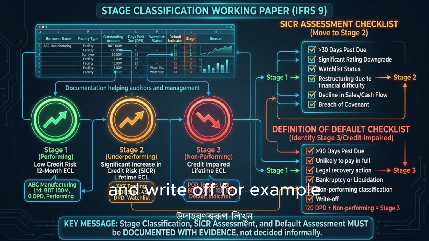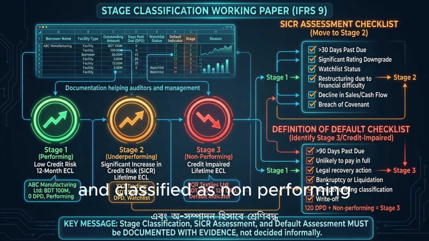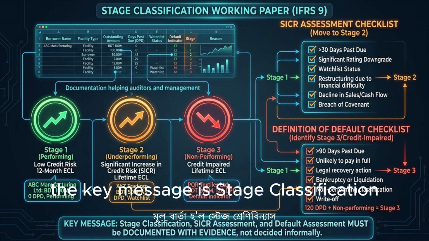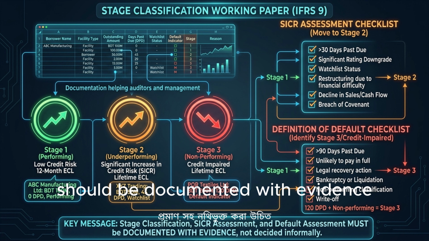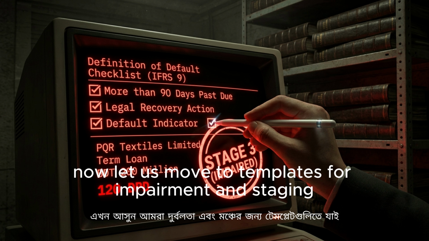For example, if a borrower is 120 days past due and classified as non-performing, it meets the default definition and should be Stage 3. The key message is Stage Classification, SICR assessment, and default assessment should be documented with evidence, not decided informally.